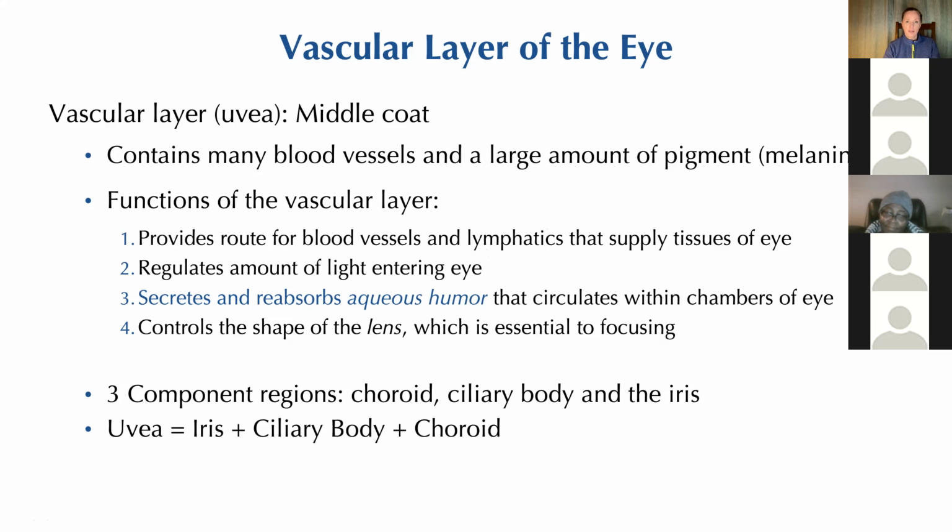We just talked about it a little bit, circulating around the posterior and anterior chamber, comes in through those episcleral veins, through the canal of Schlemm. And it helps to control the shape of the lens when we're focusing on near versus distant objects.